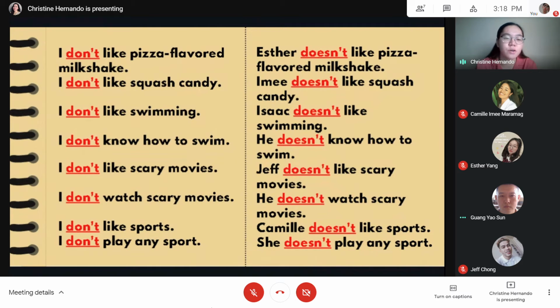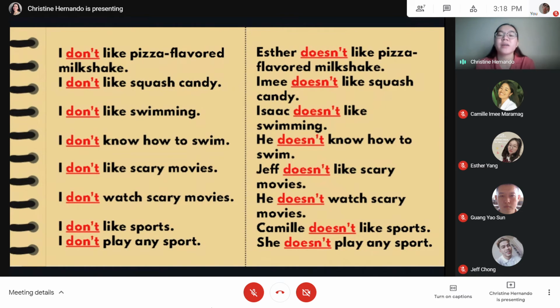That is correct. So, as you can see, take a look at the word after the auxiliary verbs. We have here the word like and know and watch and play. Do you see them, guys? Okay, so those words are actually called the main verbs.